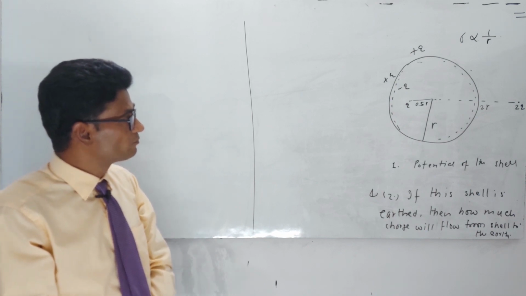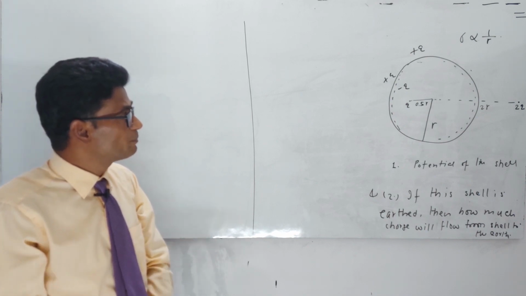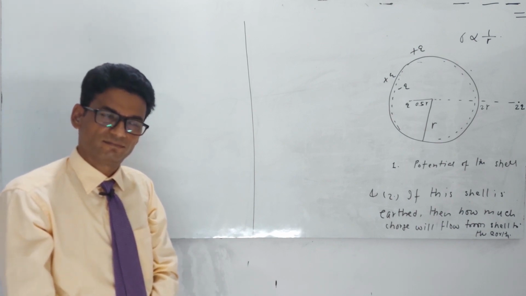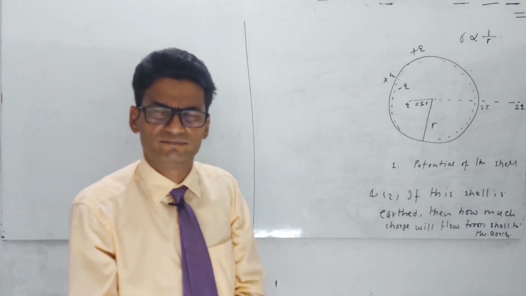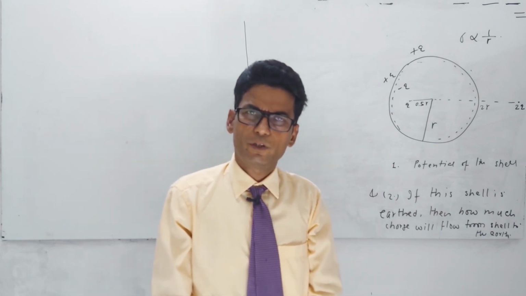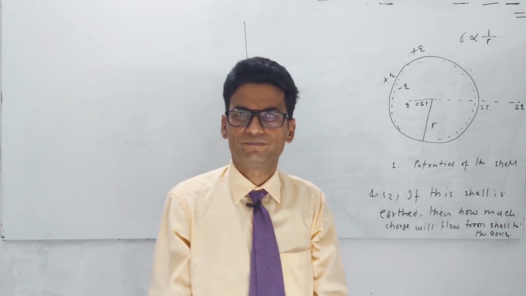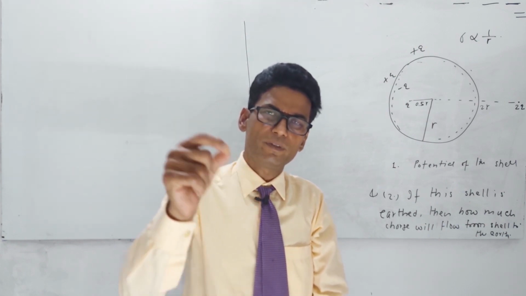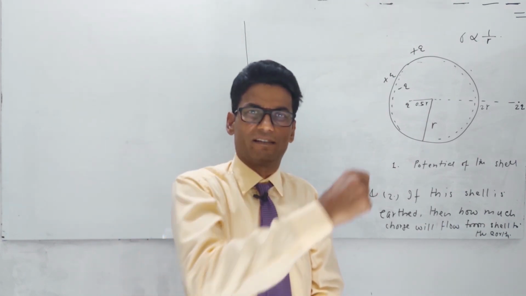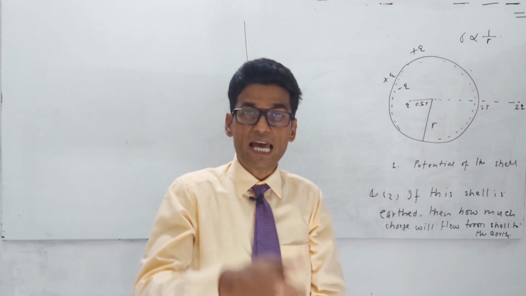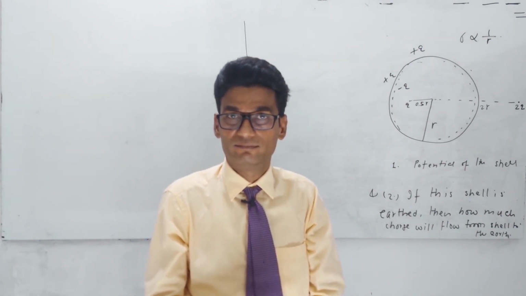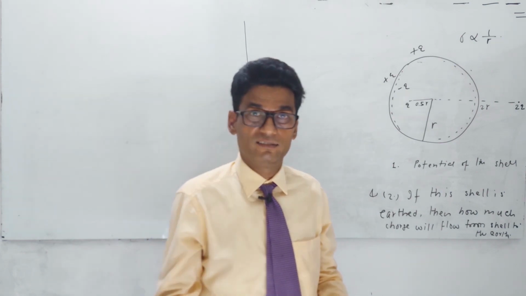Now we have to find the potential of this shell. Then what is the definition of potential? If we bring a unit positive charge from infinity to that shell, then we have to do work against the field force of what?